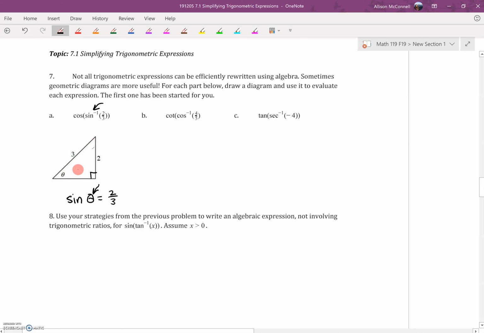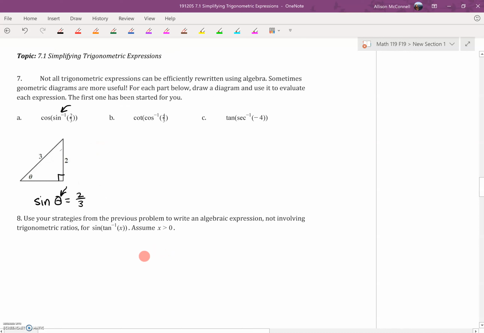One thing that you really need to check is whether your triangle is even allowed. And what I mean by that is that sometimes students will draw diagrams of triangles that actually aren't triangles. They just look like it. An example of that would be like if I said inverse sine of 3/2, that seems really similar to this one.